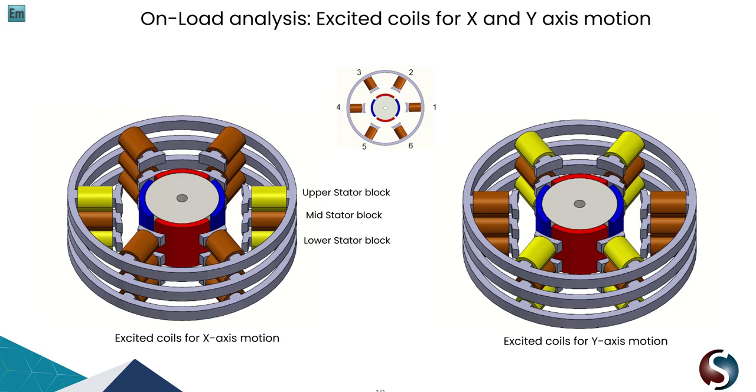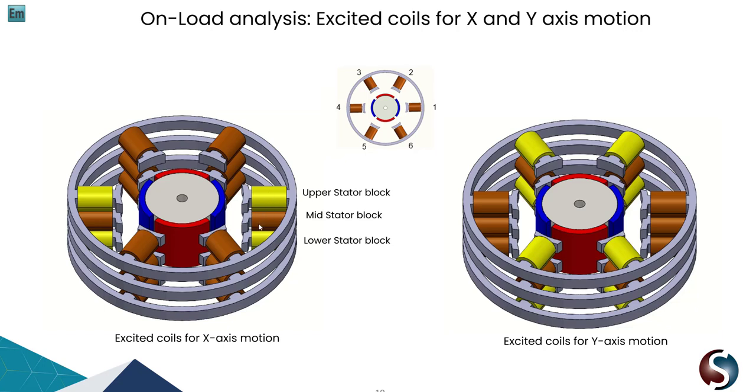Now comes the exciting part, and the whole idea and the whole cleverness of the people who designed this. We didn't design this, we are just simulating it. The idea is to excite the coils. In this case, the yellow coils are excited.